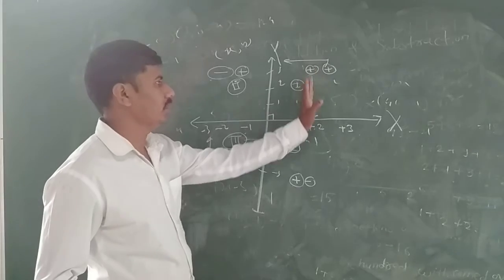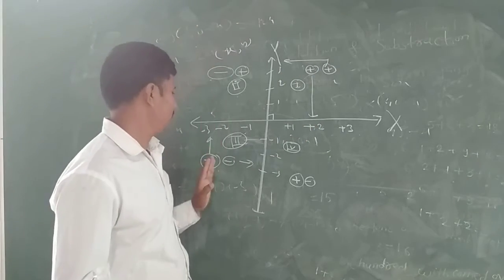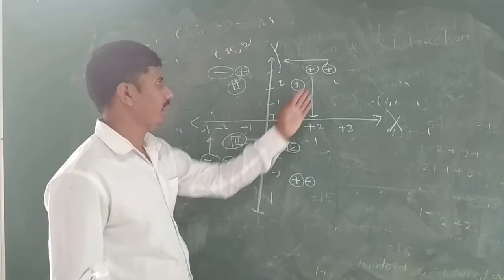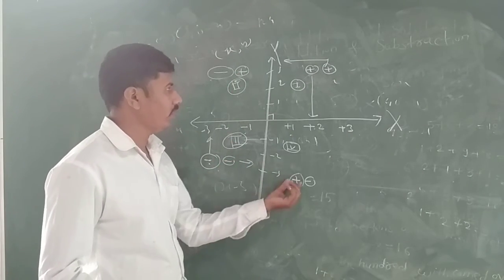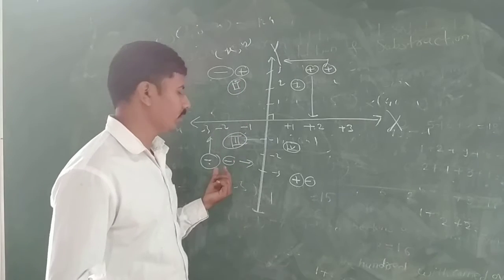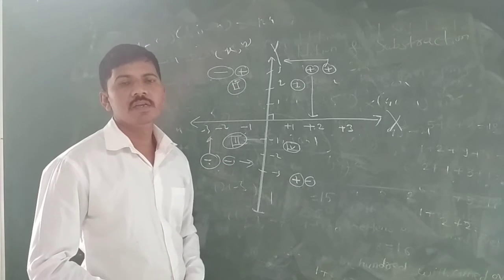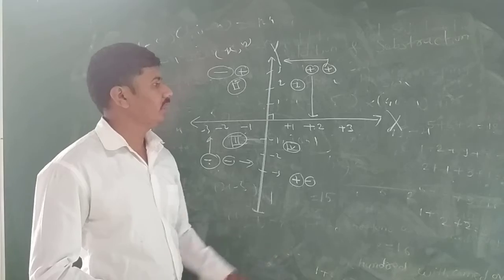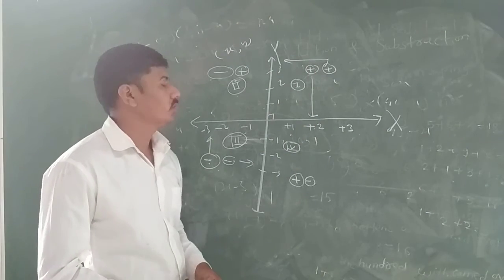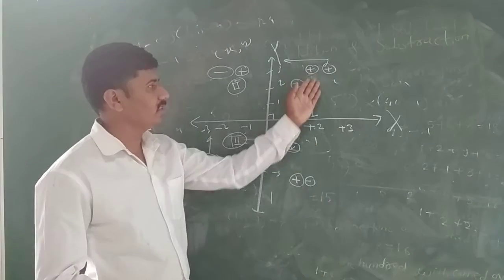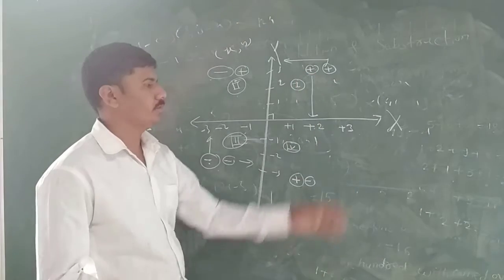The x-axis sign is taken first and the y-axis sign is taken second. So what are plus plus, minus plus, minus minus, plus minus? It is nothing but the sign of that axis in that quadrant. So in the first quadrant, x is positive, y is positive.